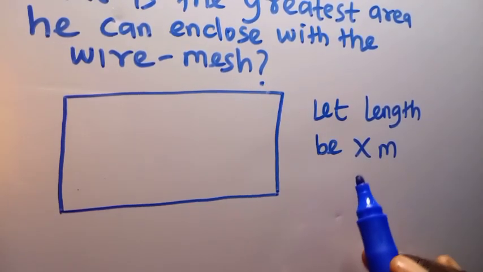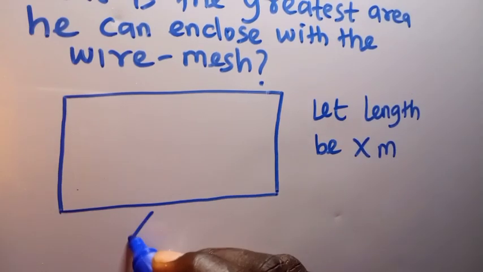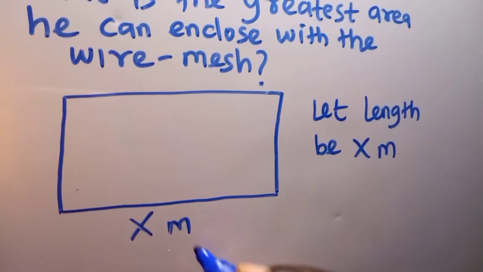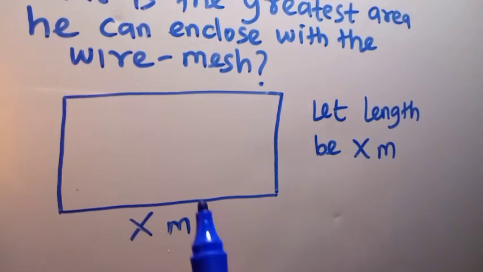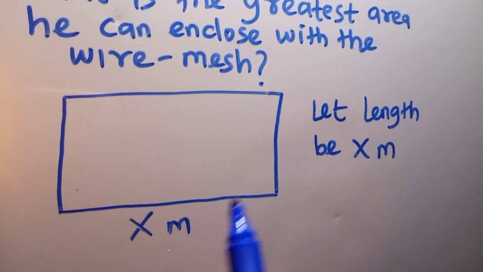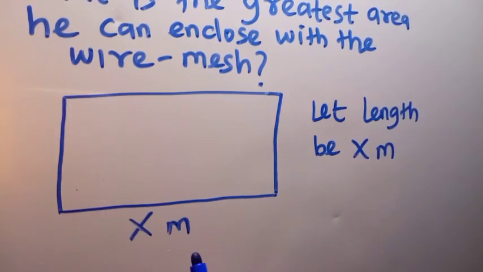Therefore, let the length be x meters. Now, if the length is x meters, then what will be our width? Because the wire mesh is 100 meters that should fence this rectangular enclosure.